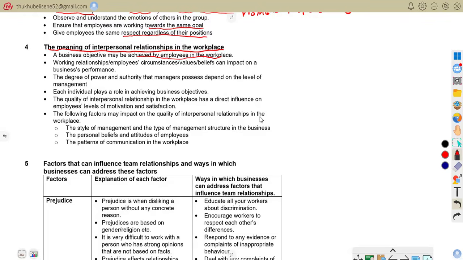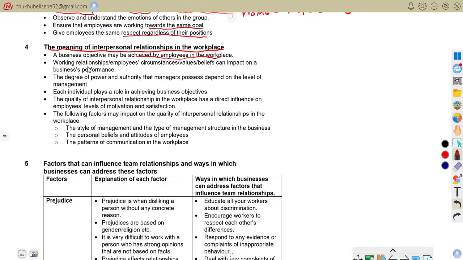Meaning employees' relationships affect business success. For example, team cooperation helps meet sales targets. That's why we say a business objective may be achieved by employees in the workplace.